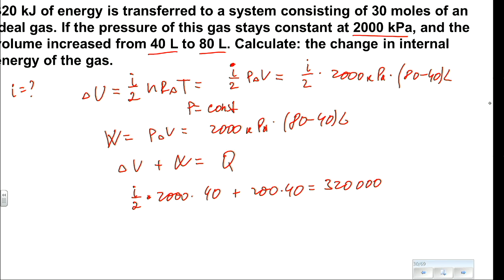I guess we can use this equation to figure out what kind of gas we have by solving it for I. If it's a pure gas, it's going to be 3, 5, or 6. If it's a mixture, it could have been technically anything. If you have CO2 and hydrogen mixed together, that mixture will not have a given I. So what do we have here?